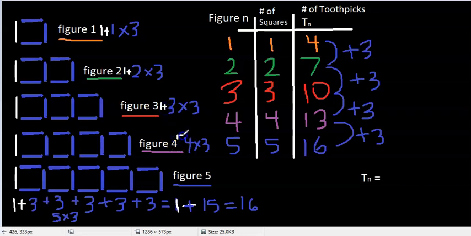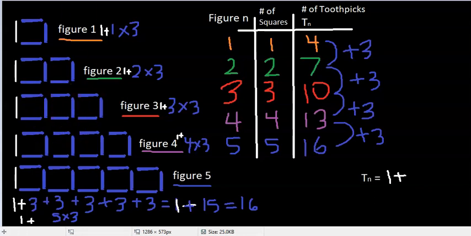Let's put this one up here. So we can go ahead and start our formula. We know that we're always going to have that constant of 1 toothpick, right? That 1 toothpick. And we're going to add that 1 toothpick to my groups of 3 toothpicks.